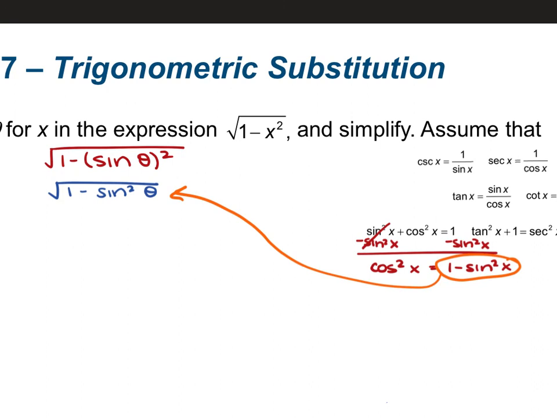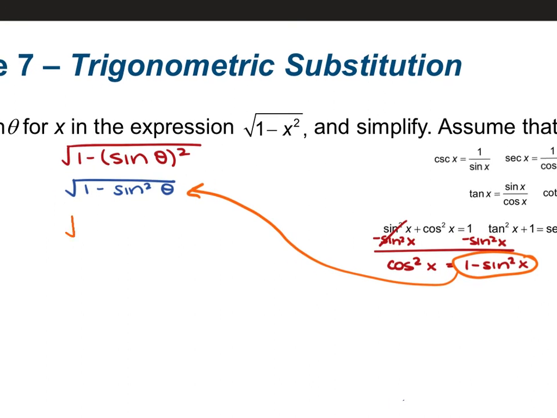So this is the same exact thing as saying take the square root of cosine squared x. Well, the square root of cosine squared x is just cosine x. Or here, this is theta, I'm sorry. This is theta, cosine theta.